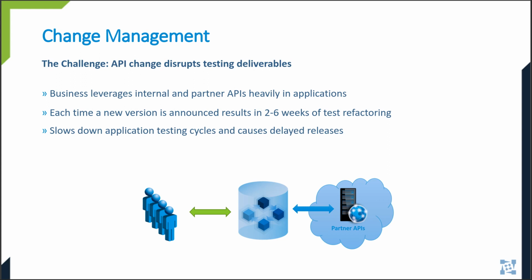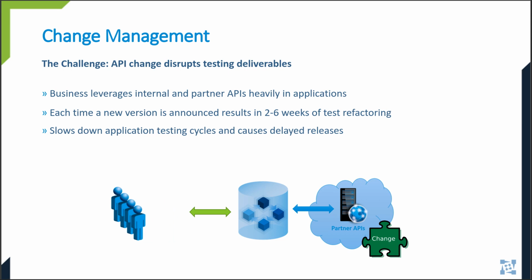But one of their challenges is that they have a partner API, a third-party API that they're virtualizing, and every single time a change would occur, their partners would send them an email, send them an updated definition file, and let them know that the service should be online in about 2 to 6 weeks.